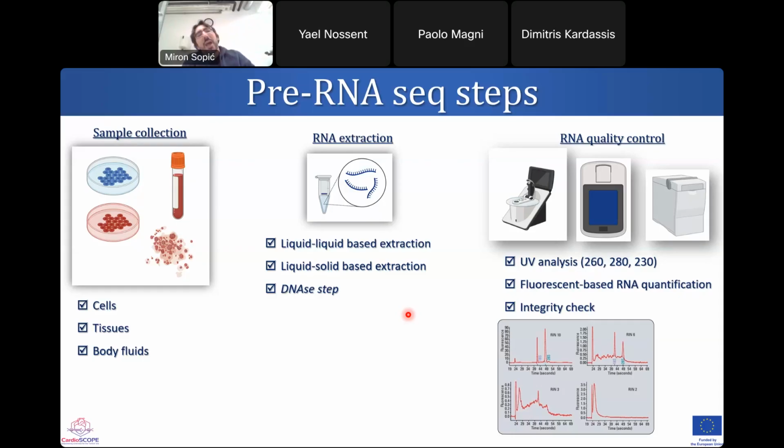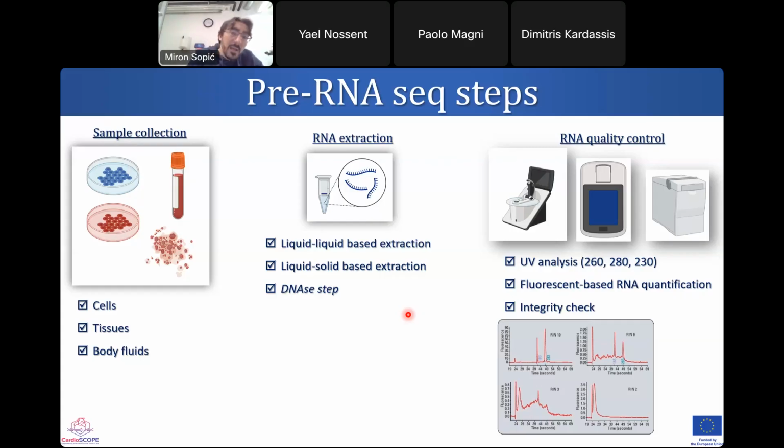For example, if you have cell lines, because most of the time they are super activated, their transcriptome is pretty rich, you will have relatively good expression, and the number of genes that you can detect is much higher. So maybe you will not need to go super deep with that type of sequencing. If you have full blood, again, because you have many cells that are going to be destroyed in order to extract RNA, super deep sequencing is not needed.